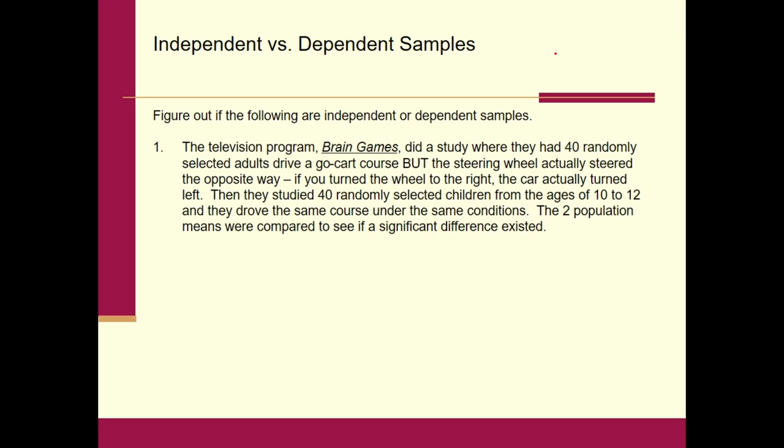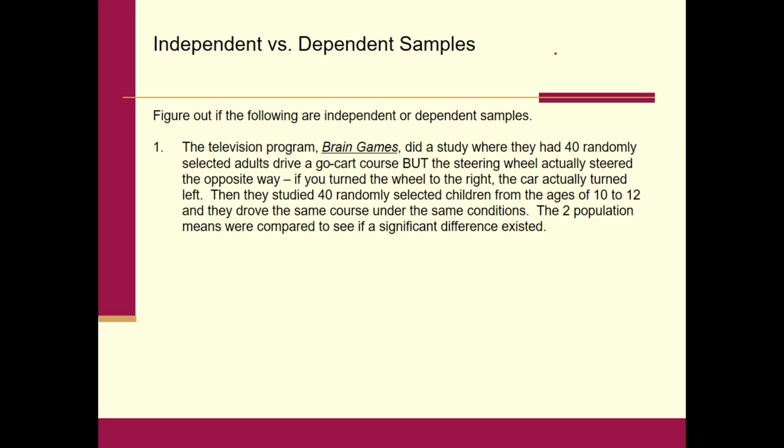Then they studied 40 randomly selected children from the ages of 10 to 12, old enough to be in a go-kart, but young enough to not have their driver's license yet. And they drove the same course under the same conditions.